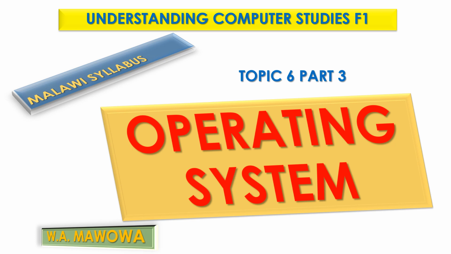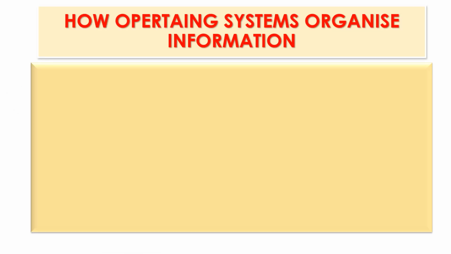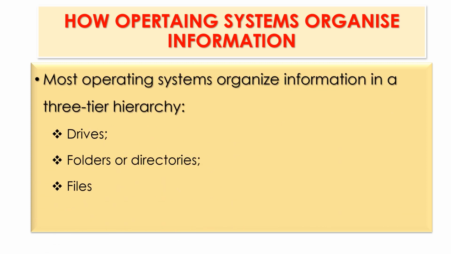Therefore, the major job is done by the operating system. So how does the operating system organize information? It is very important, because we will know what happens when we are sitting and working on the computer. So let us proceed.